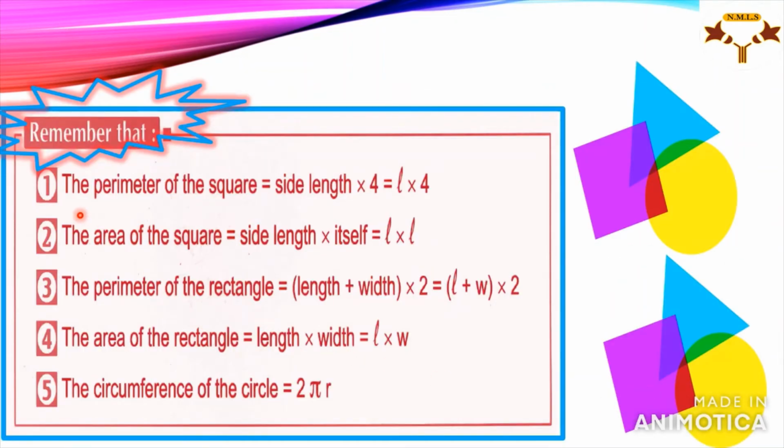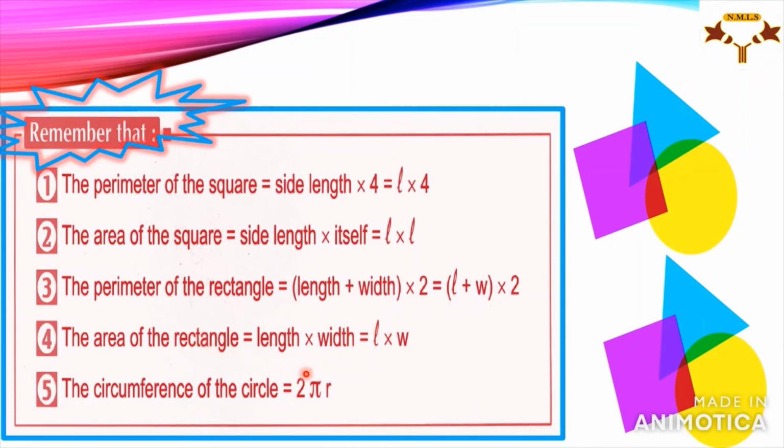Okay. Remember these notes. The perimeter of the square equals side length times 4, or L times 4. The area of the square equals side length times itself, L times L. Perimeter of rectangle, length plus width, times 2.